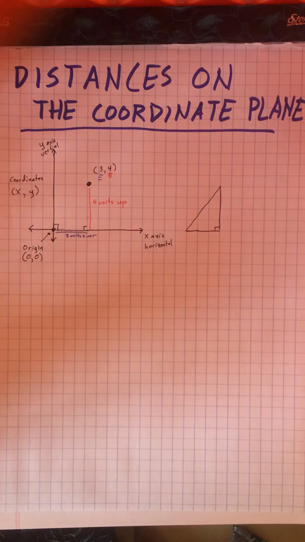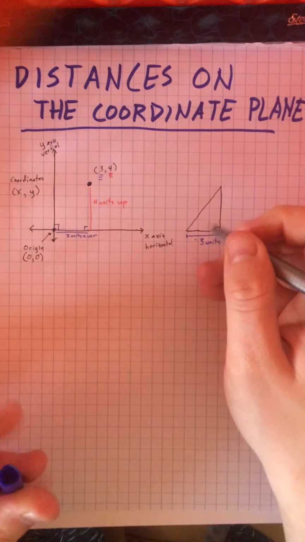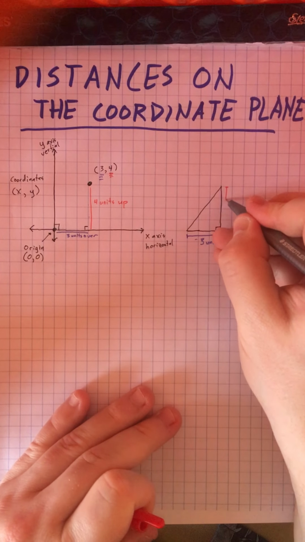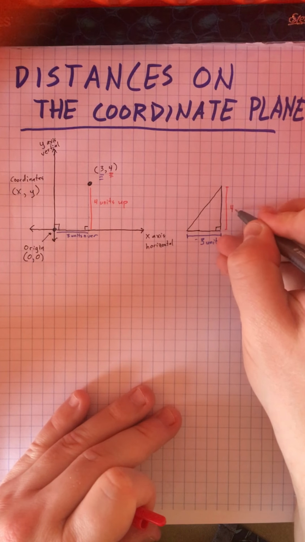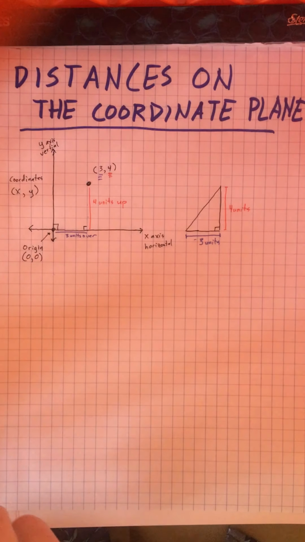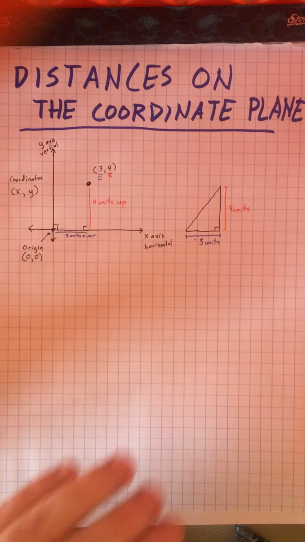This side down here, its horizontal side, is its x-coordinate, 3 units away on x. This side is 4 units up. And the distance it is from the origin is going to be the hypotenuse of a right triangle.